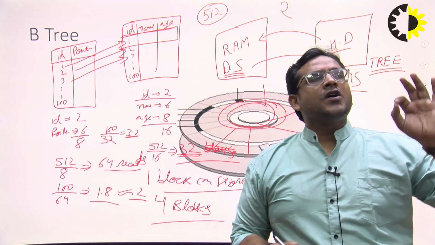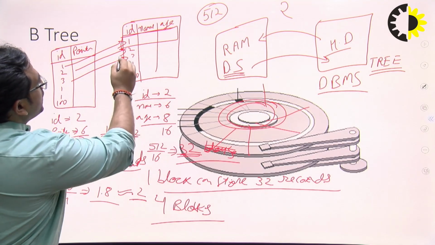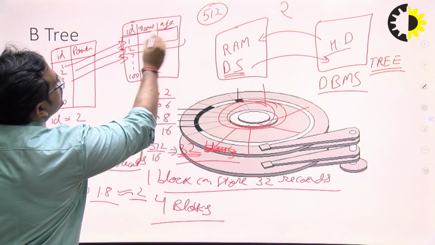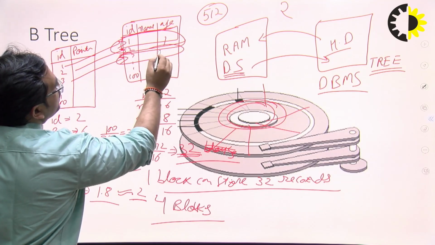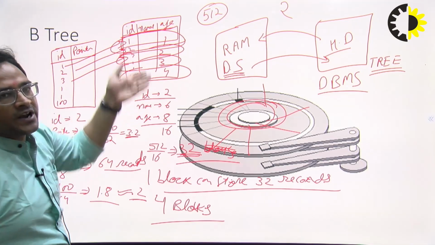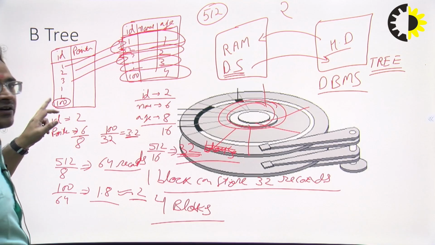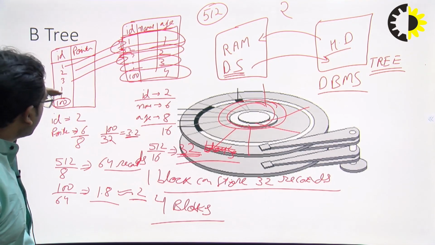Got my point? Suppose here you can see this data is in block 1, this data in block 2, this data in block 3, this data in block 4. This is basically data stored in the 4 blocks, and you are going to access this record, the 100 ID record.